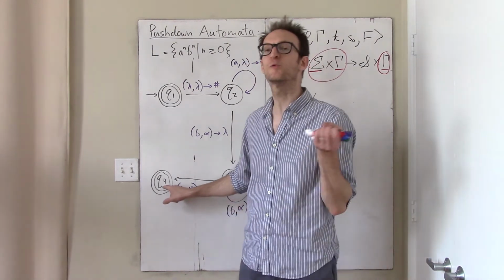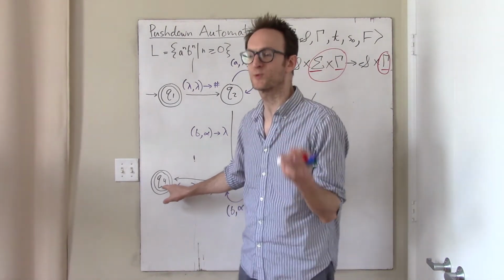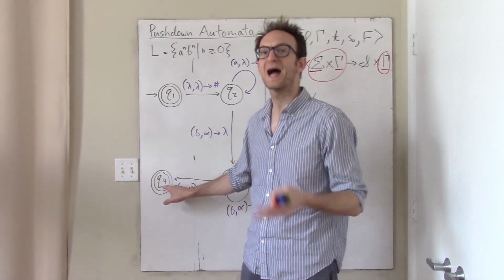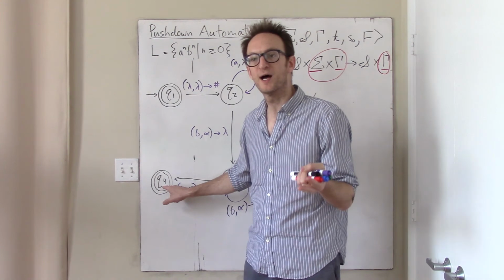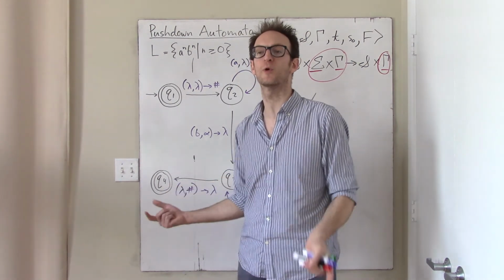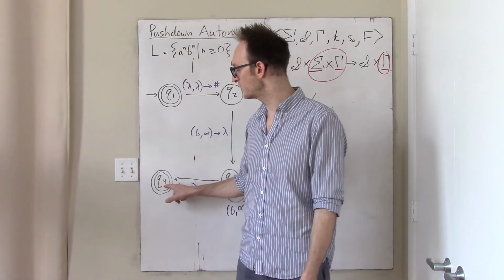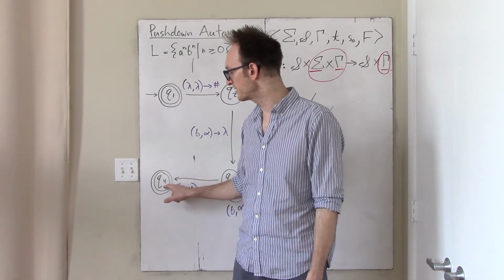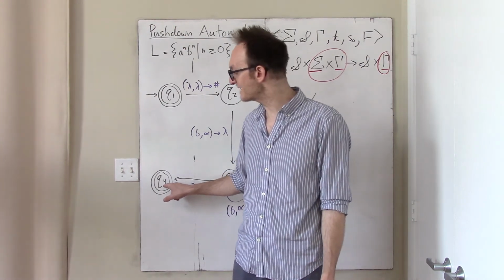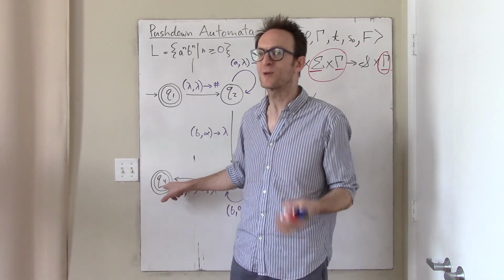But now we're in Q4 and there's still 2 B's left to read. And so though I make it to state Q4, I die in Q4 because there are no rules for leaving Q4, and I don't get to enjoy the status of Q4 as an accept state unless I get to Q4 with no characters left on my string.